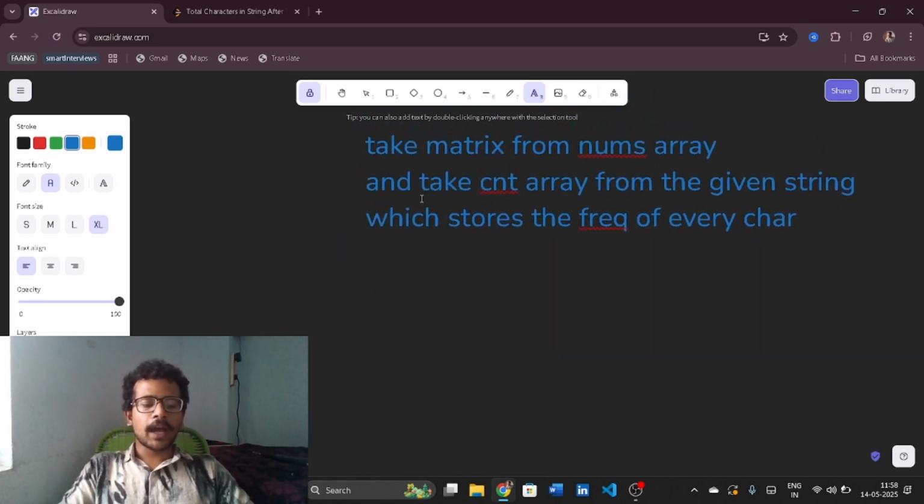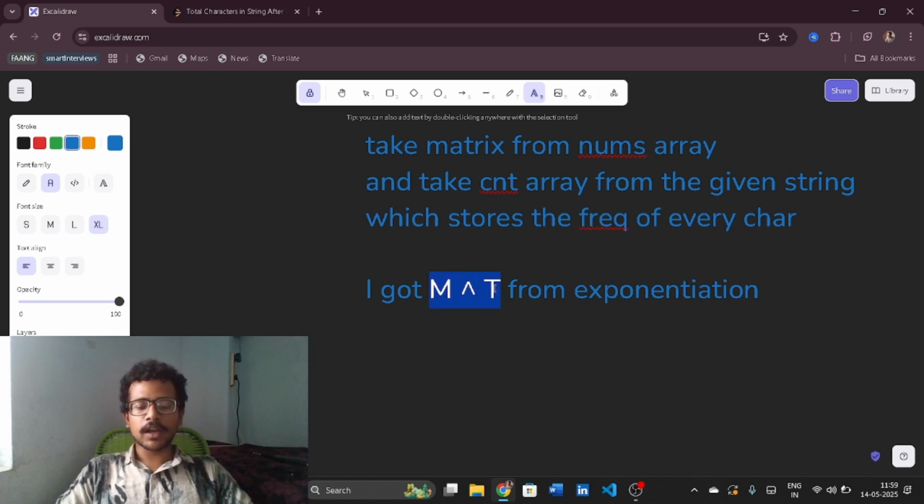Now I get m power t from exponentiation. I store it as the result matrix, which is equal to m power t.